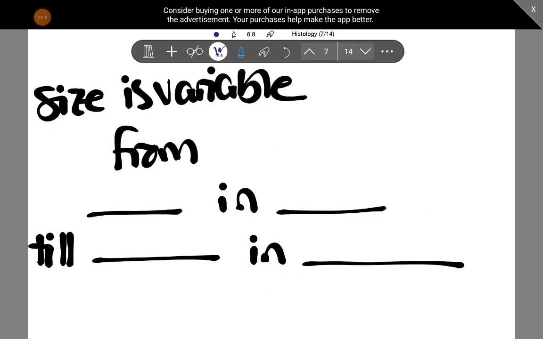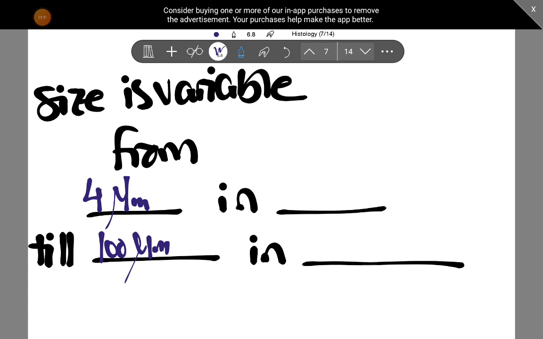Okay, let's go to the next slide. We want to talk about the size of the cell body, which is not always the same. It varies from 4 micrometers to about 100 micrometers. Where is 4 micrometers?